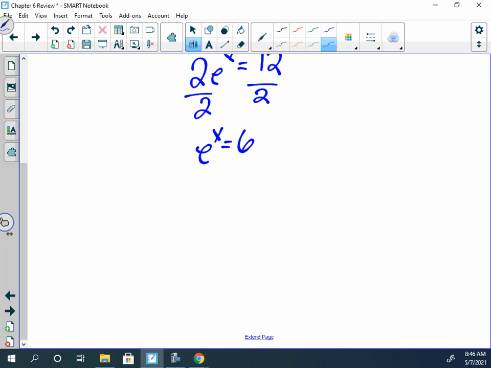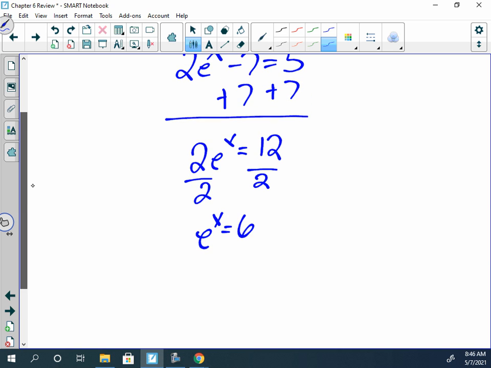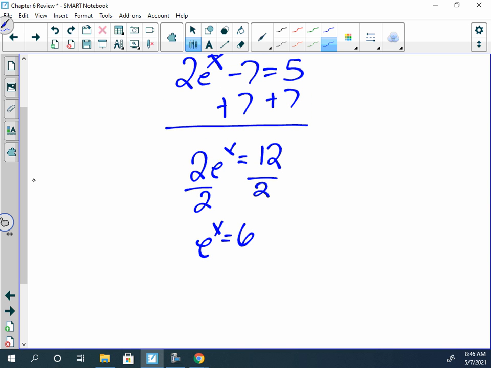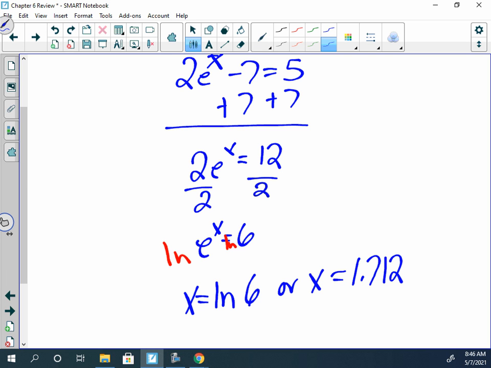And then you just put the log. That equals 1.7. That's all we'd have to do for this one here.